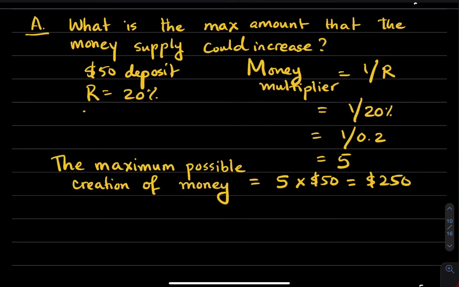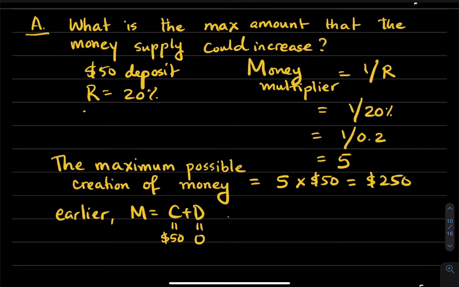Now the question is asking you, what is the maximum amount that the money supply could increase by? So earlier, if you think about what money was, money equals C plus D. You hadn't deposited that money that you had found initially. You only had $50 in currency. So initially, money was $50, but after you deposited, now money equals $250.